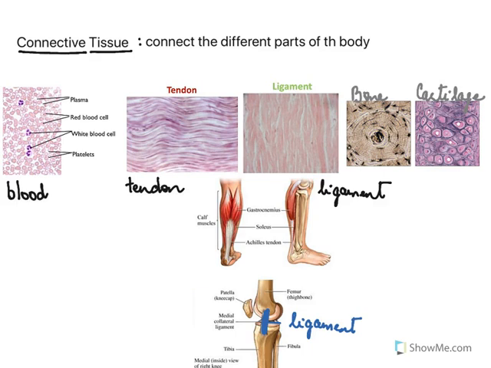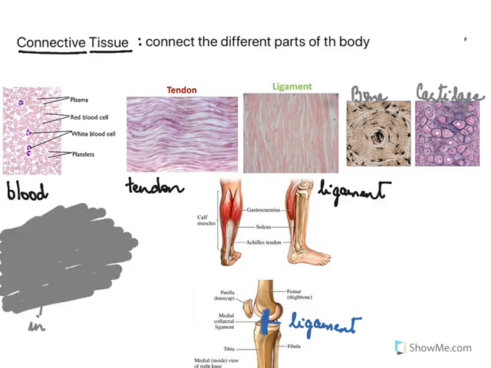Now if you see the general characteristics of a connective tissue, it's made up of an intercellular matrix, and inside this intercellular matrix are loosely placed cells.